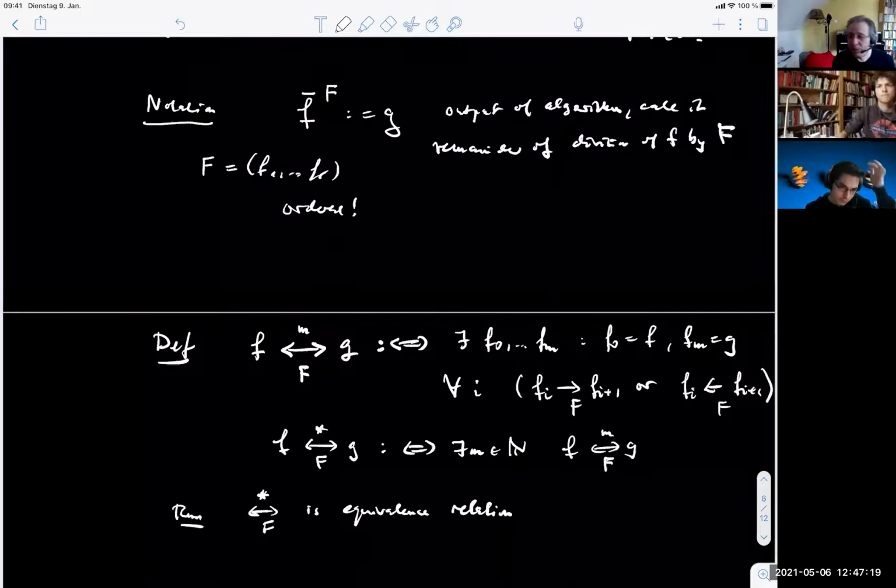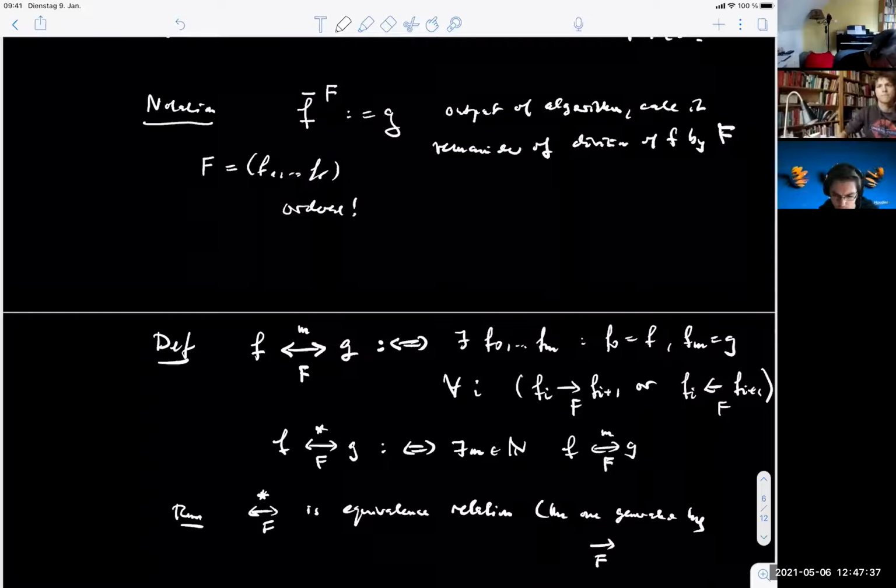I think it's obvious, it has all the properties of an equivalence relation. It is the equivalence relation generated by this one-step reduction.